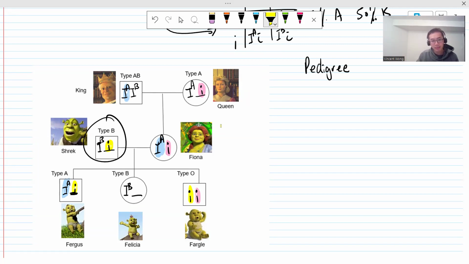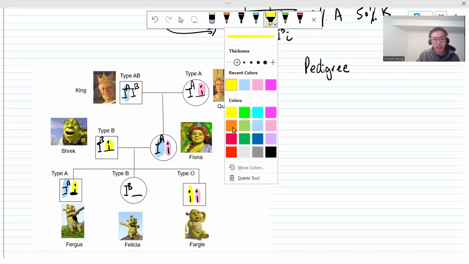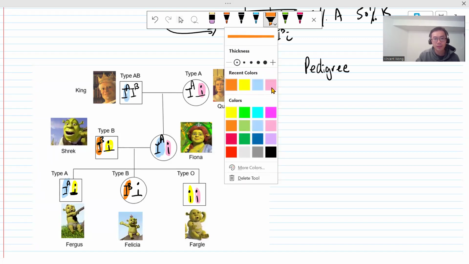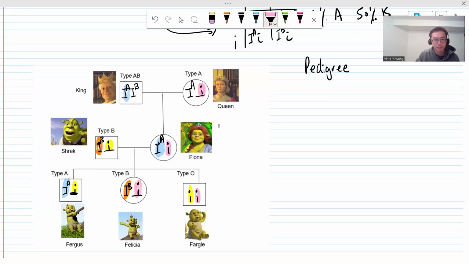And not A. Similarly, for Felicia, I am running out of color, but the IB has to come from Shrek, and then the other one would be from Fiona. She wouldn't have got the IA from Fiona, because again, that would change her blood type. And that's how you do a question like this.